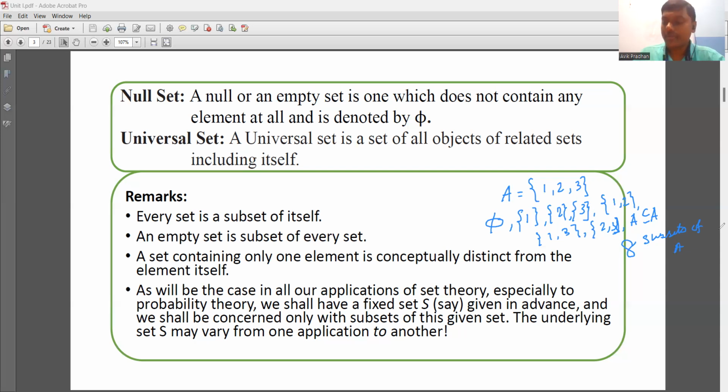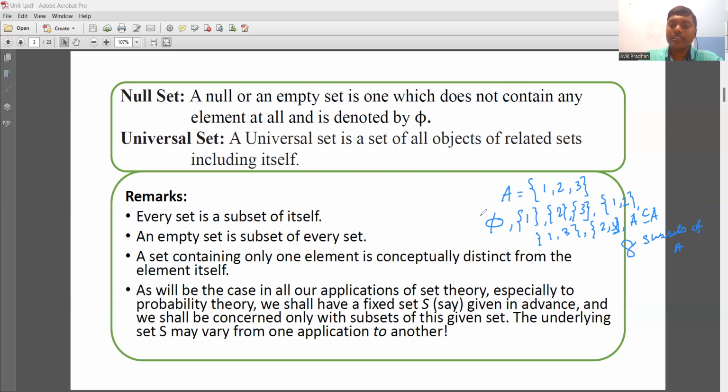Now if I think about more generalization, if I have 3 elements in the set, that is, the cardinality of the set is equal to 3, then we get 2 to the power 3, that means 8 possible subsets of A. Similarly, if I have n elements in the set, then we will have 2 to the power n subsets for that set. Okay.